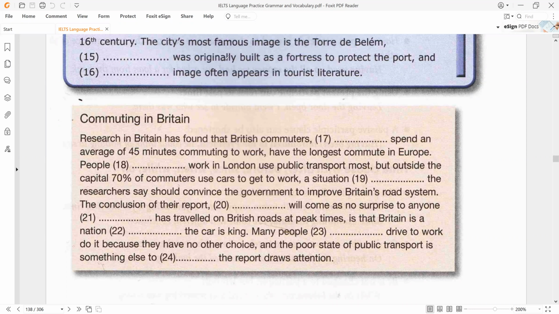Research in Britain has found that British commuters spend an average of 45 minutes coming to work, have the longest commute in Europe. So what does it mean here, commuting in Britain? For instance, how much time does it take you to go from your home to your work every day, coming and going?